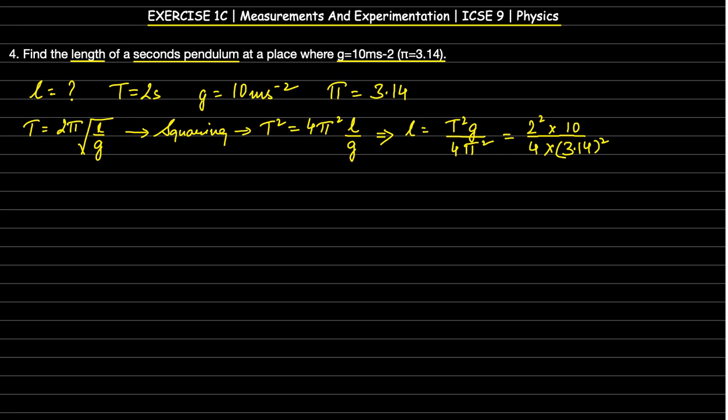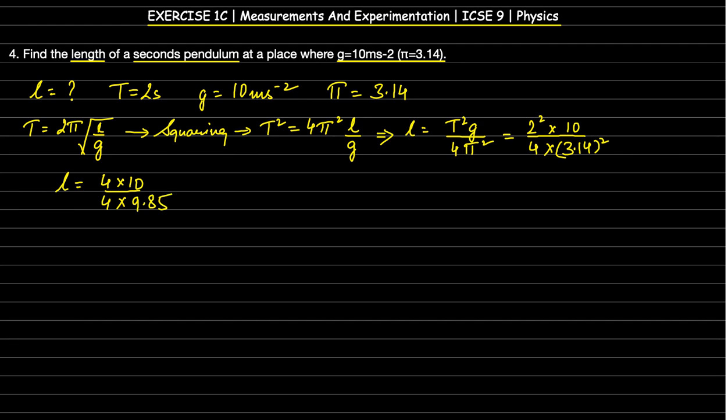So we just simplify this and write L. So L is equal to 2 square is 4 into, I write 10 as it is, divided by 4 into 9.85.